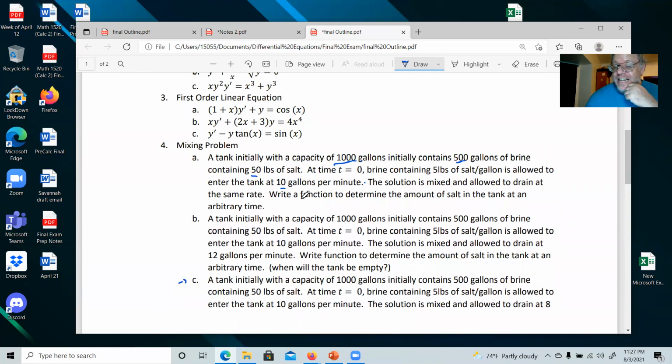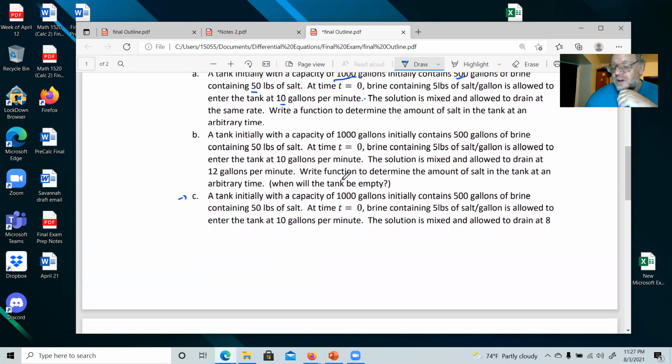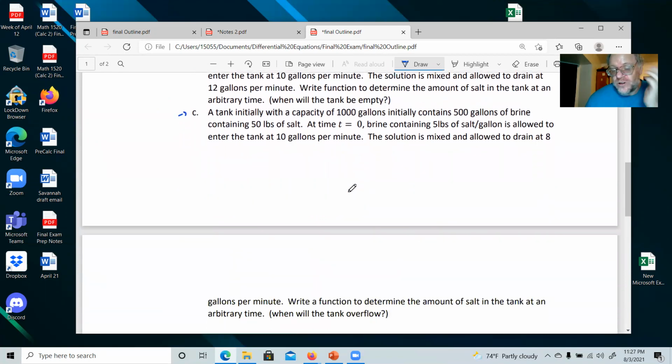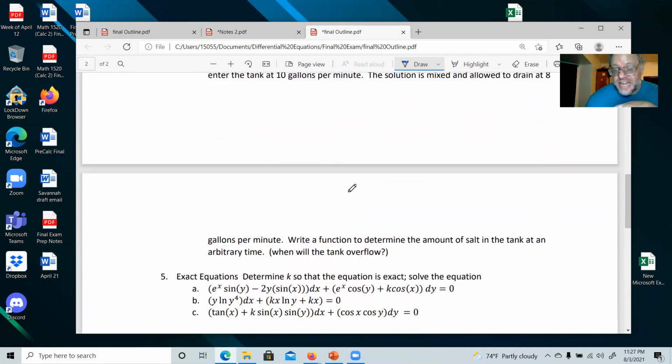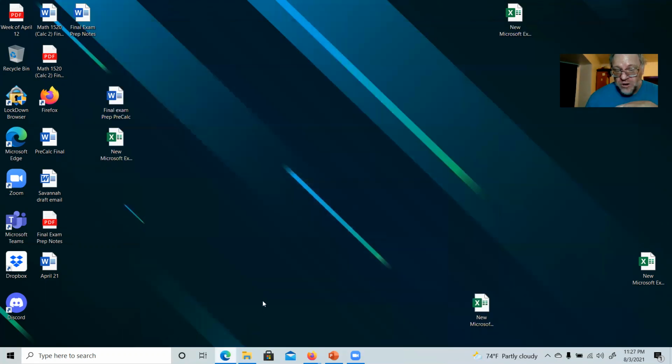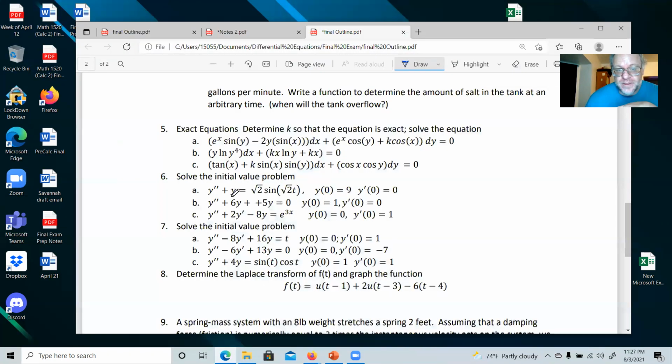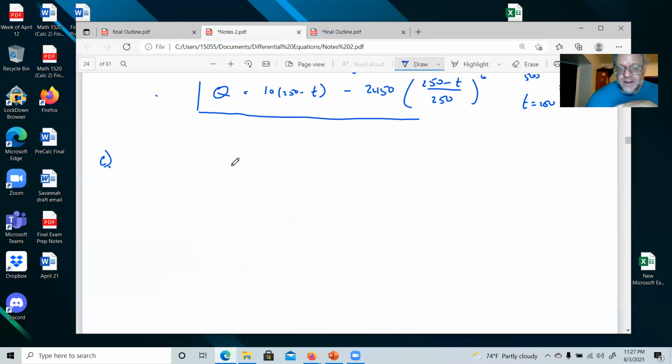I tried to put, when will the tank be empty? When will the tank overflow? So you have one additional hint that the volume is going to be changing. Notice we didn't say anything about the tank emptying or overflowing before, but here, since the volume is changing, I want to clue you in so that you don't make the mistake of not having a different volume. Same thing: we're going to have volume, that's 500, but we're adding 2 gallons a minute.